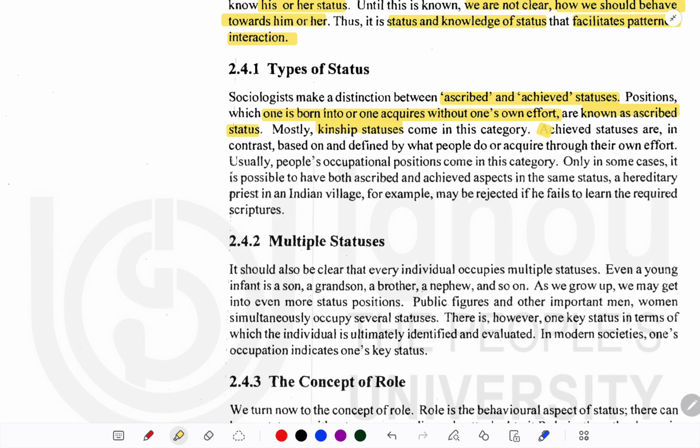Achieved statuses are, in contrast, based on and defined by what people do or acquire through their own effort. Usually, people's occupational positions come in this category. Only in some cases it is possible to have both ascribed and achieved aspects in the same status. A hereditary priest in an Indian village, for example, may be rejected if he fails to learn the required scriptures.